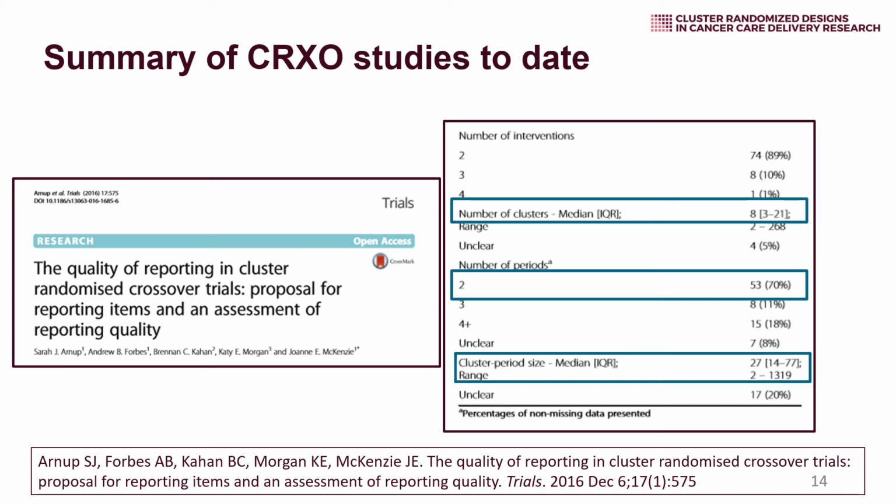The vast majority of cluster crossover designs include just 2 periods, so 70% of the published cluster crossover designs just have that 2-sequence, 2-period design. Average cluster size is also pretty small. Average cluster size was just 27, interquartile range going from 14 up to 77, so it's typically smaller than the conventional parallel cluster design.